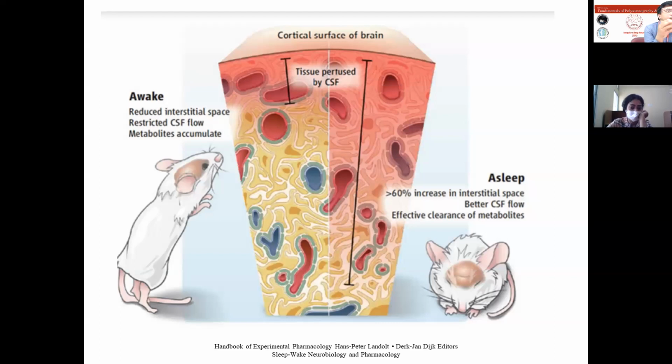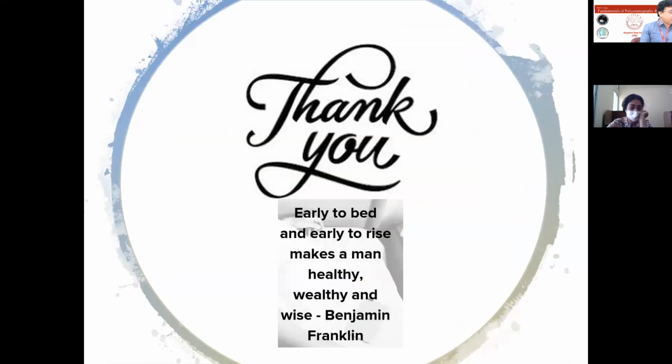The cytokines can also bring about increased nitric oxide synthase, or nitric oxide, which will help in increasing the interstitial space, and which helps in the effective clearance of all the metabolites that have been accumulated. So this is what I wanted to share with you about the neural substrate of sleep, especially concentrating on the homeostatic regulation of sleep as far as NREM sleep is concerned. So thank you very much.